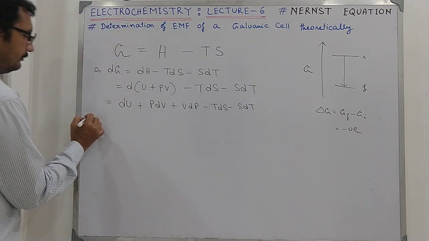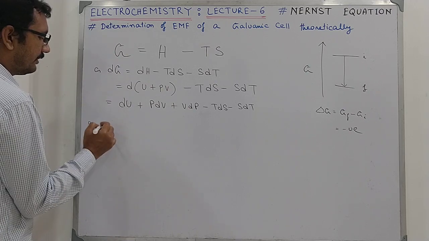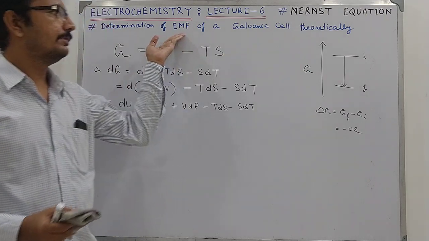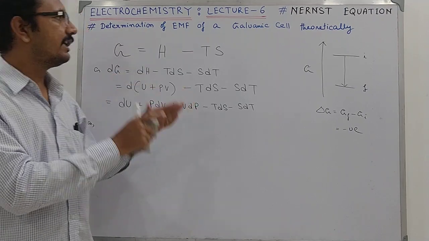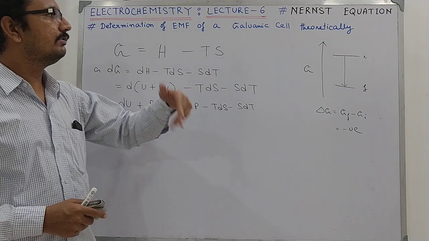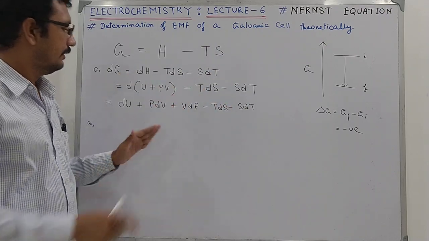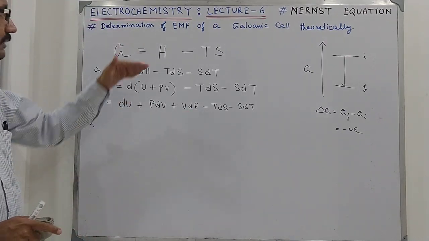Now we will measure the EMF of the galvanic cell keeping temperature and pressure constant. Our target is to measure the EMF. First let us make ourselves capable of measuring the EMF. Then we will tune the temperature. So presently we will restrict ourselves to constant temperature and pressure. Let us measure the EMF first.